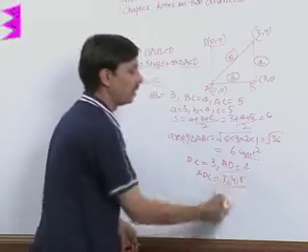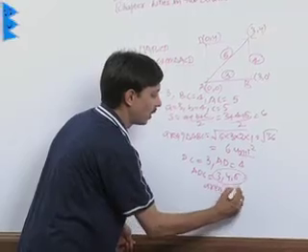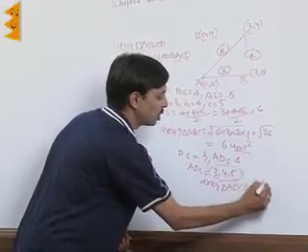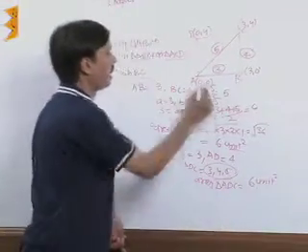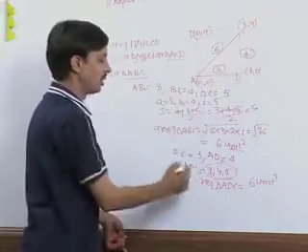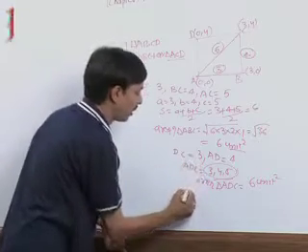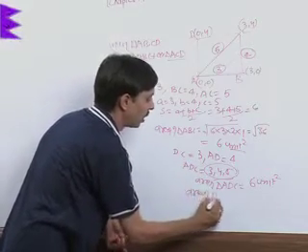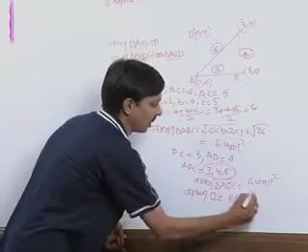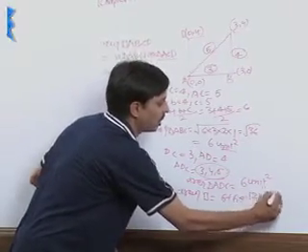So its area will be again the same. So we will say the area of triangle ADC is also 6 unit square. ADC's area is 6 units, ABC's area is 6 units. So the total area of the quadrilateral is the sum of these two triangles, that is 6 plus 6, that is 12 unit square.